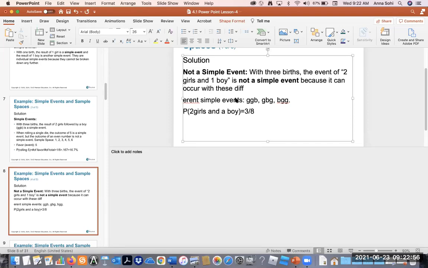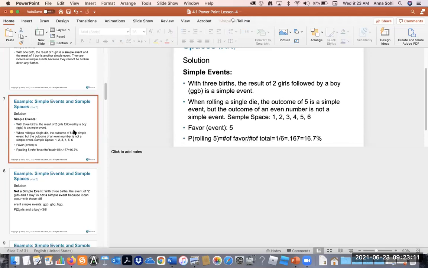So, simple event and sample space. A simple event is just the event, what you favor. Either it's simple or it's just an event. In this case, it's not simple, but it's an event. It could be single, just saying 2 girls followed by a boy, which is one single event, or just say 2 girls and a boy in total. So you have 3 items. Sample space is all your possibilities.